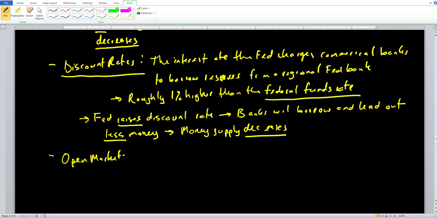Open market operations. So here we're going to just use a little bit of shorthand right here, OMO. So open market operations, OMOs for short.